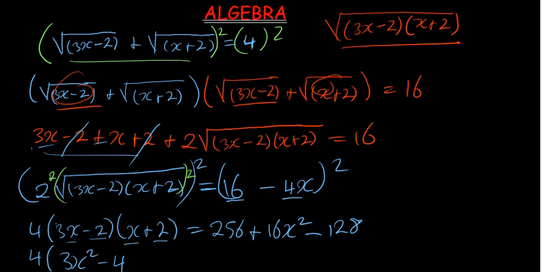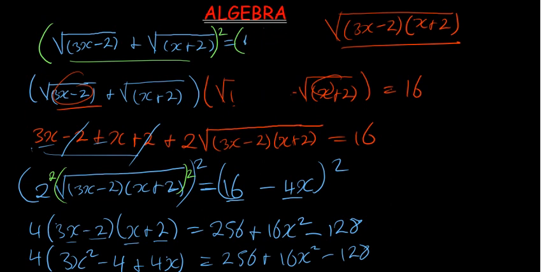So you're saying positive 6x minus 2x, that will give us plus 4x, is equals to 256 plus 16x squared minus 128. Okay, so we just try to create some space so that we finish this up.